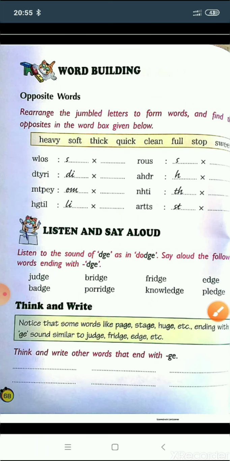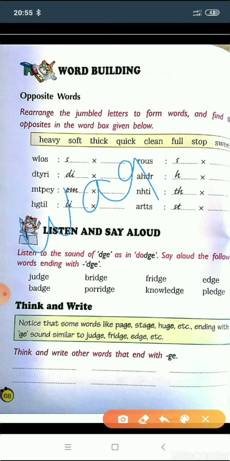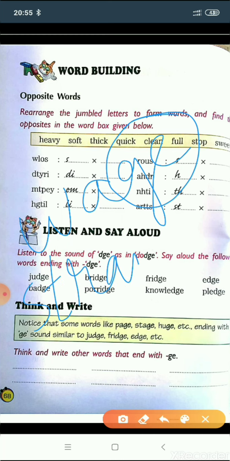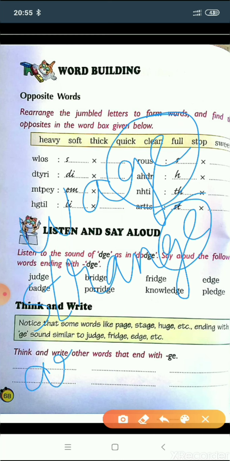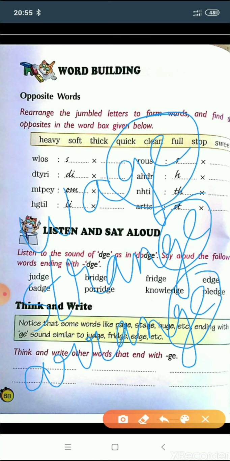Then we can say wage, WAGE, GE is here. Then we can use the word strange, STRANGE, GE is here. Then we can say arrange, ARRANGE, GE is here.